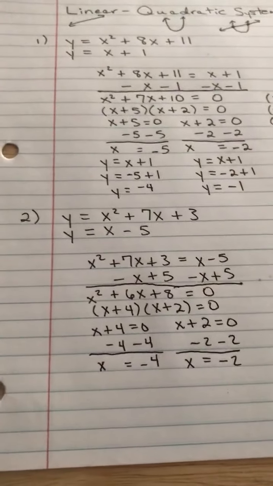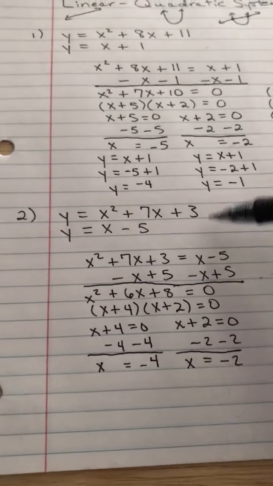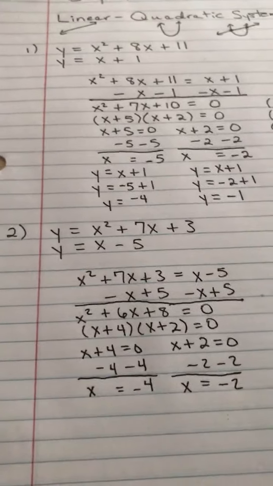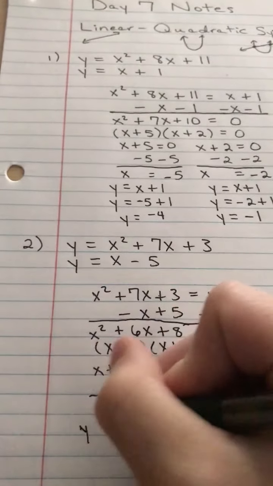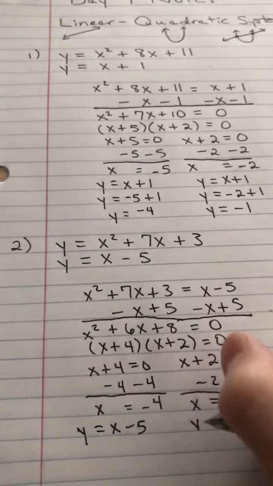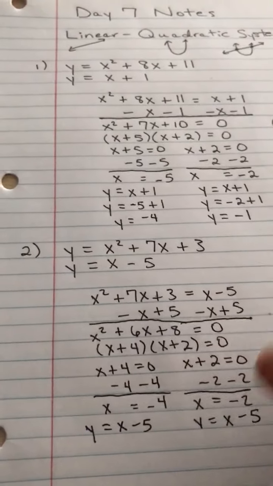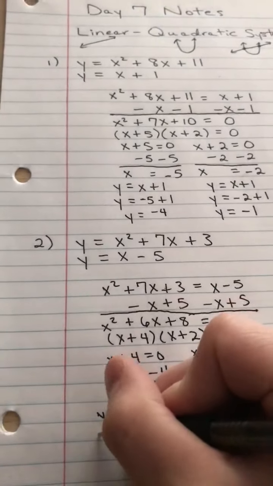Now what I'm going to do to find my y values is plug back into one of the original equations. Doesn't matter which. Usually though, in practice, I choose the easiest one. So let's choose the x minus 5. So I've got y equals x minus 5. First off, let's let x equal negative 4 and see what happens.